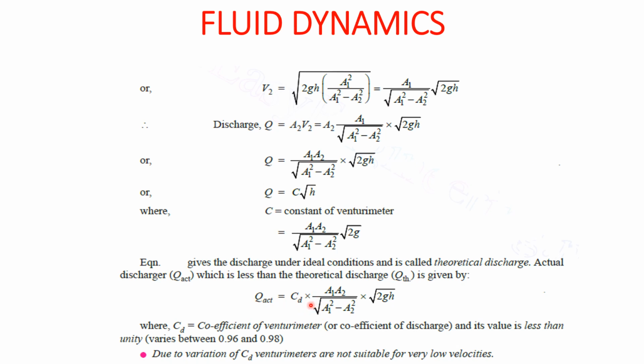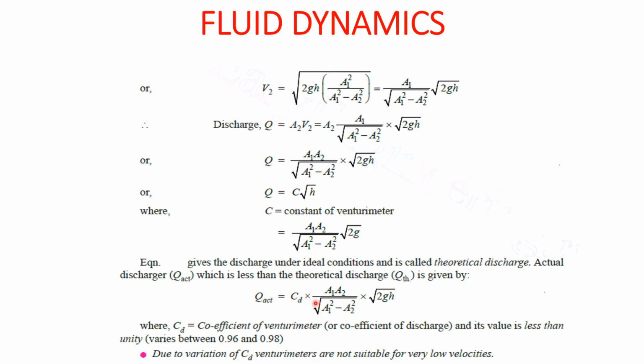So see, have you understood this difference between the theoretical discharge and actual discharge? The first difference is the coefficient of discharge. If you multiply theoretical discharge by coefficient of discharge, then you will get actual discharge, or vice versa. You can see that coefficient of discharge is the ratio of actual discharge to theoretical discharge. So if actual discharge is equal to theoretical discharge, then coefficient of discharge will be 1, which is impossible in all the cases of flow.